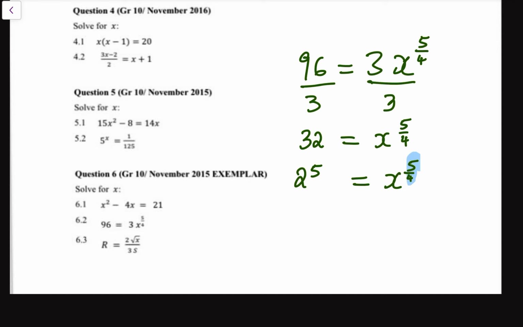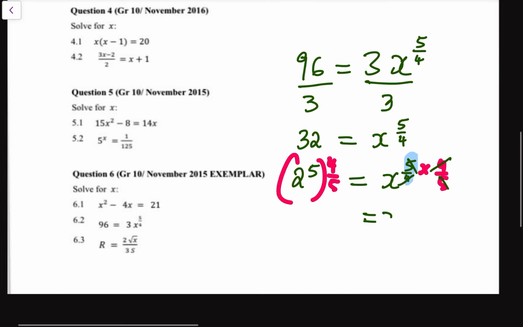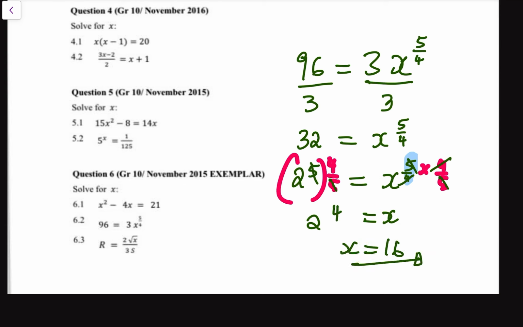Even here it will be 4 over 5. Now, 4 and 4 cancel, 5 and 5 cancel. So we are left with x, and then 2 to the exponent 4. So x is equal to 2 to the exponent 4, which is the same as 16. So our x here is equal to 16.